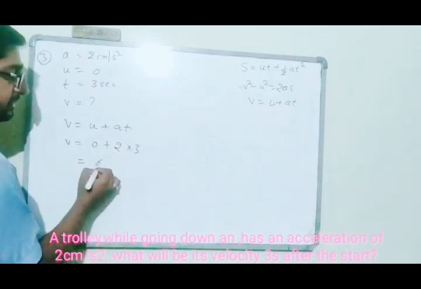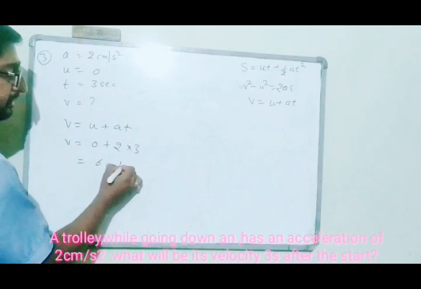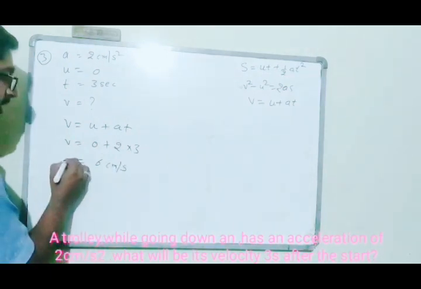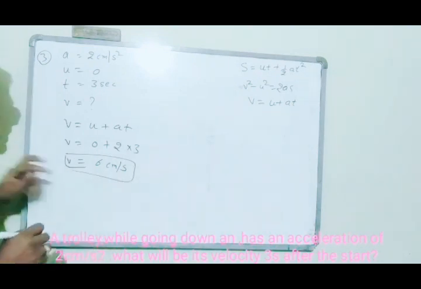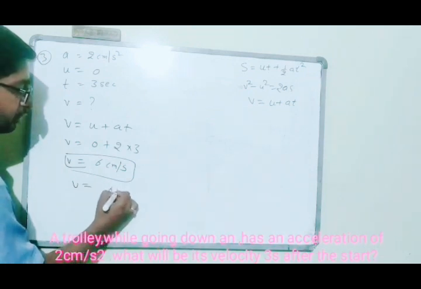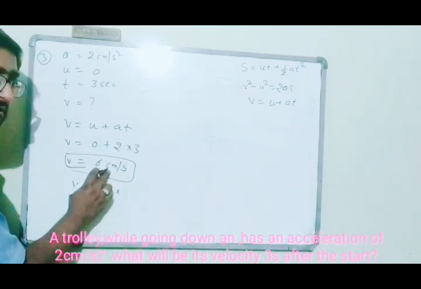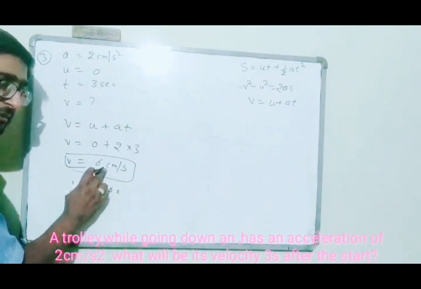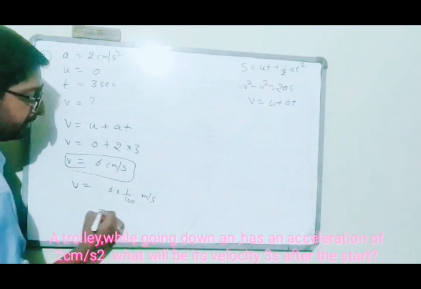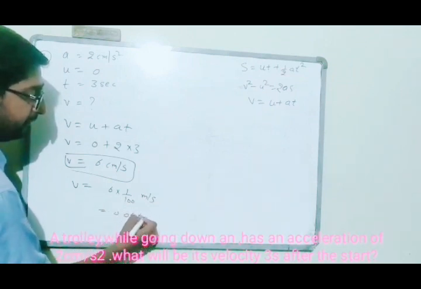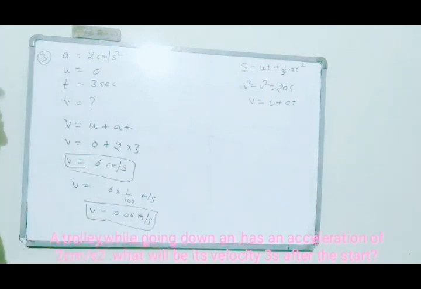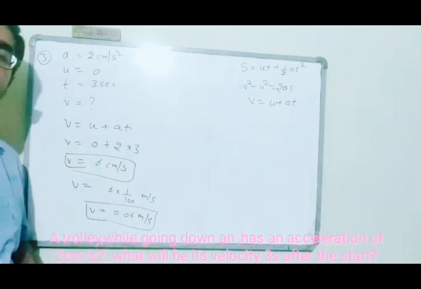It will become 6 centimeter per second. Or if you want this answer in SI units, then V is equal to 6 into, in 1 meter there are 100 centimeter, so 1 by 100 meter per second. It will become 0.06 meter per second. You can use this method to convert it into SI.